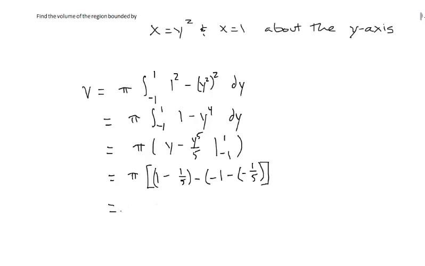And now when we combine all of our numbers, we have pi times 1 minus a -1 is 2, and we have -1/5 minus a +1/5, so we have minus 2/5, which leaves us with 8 pi over 5 units cubed.